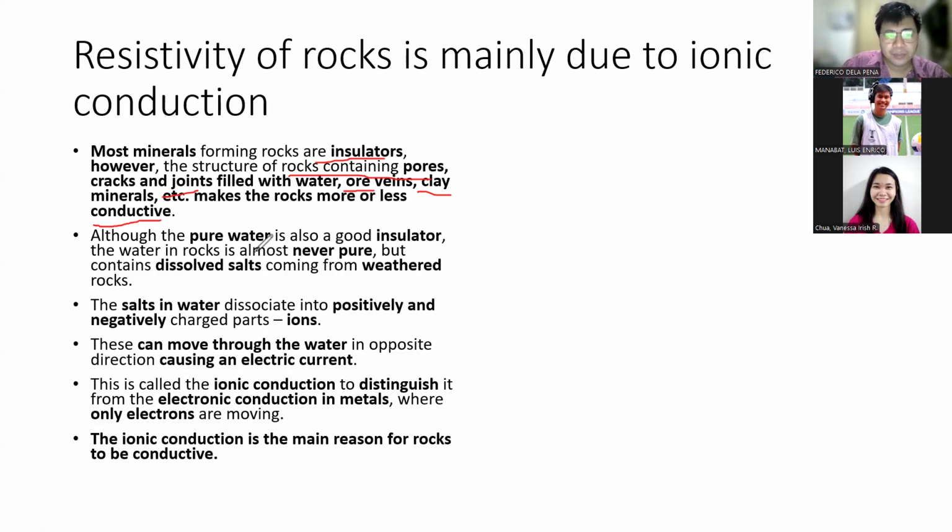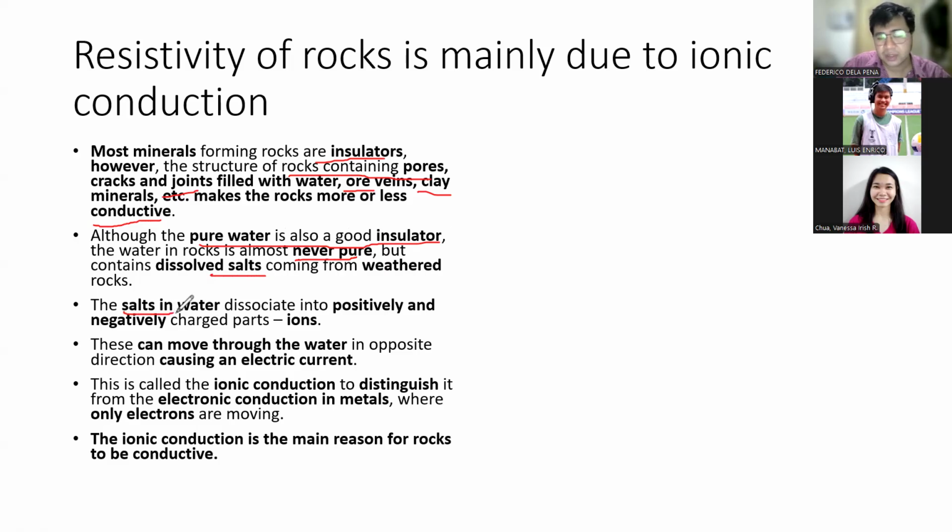Pure water is technically a good insulator. However, you will rarely encounter pure water unless you have good quality distilled water, which you can only produce in a laboratory. Therefore, in nature, you will always encounter impure water, which will contain salts, particularly ions from weathered rocks.